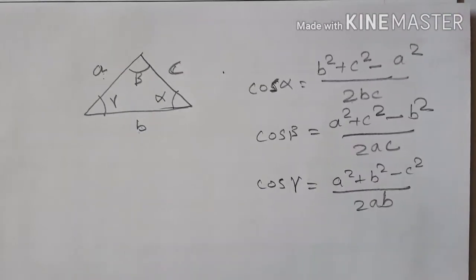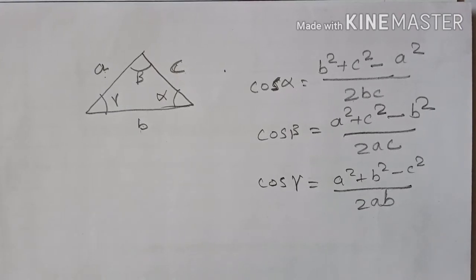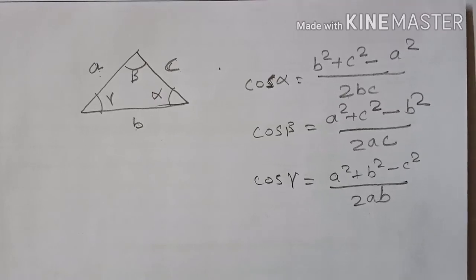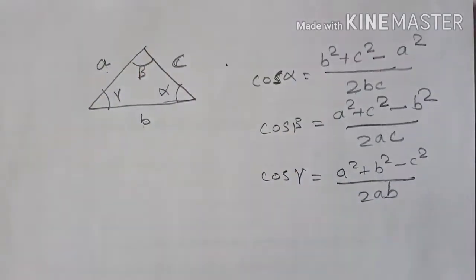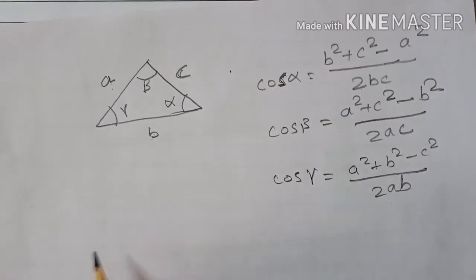This cosine rule we can use for any triangle. If a right angle is given to us, then also we can use this cosine rule. For any triangle, you can use this cosine rule if the sides of the triangle are known to us. Same way, here what is given?